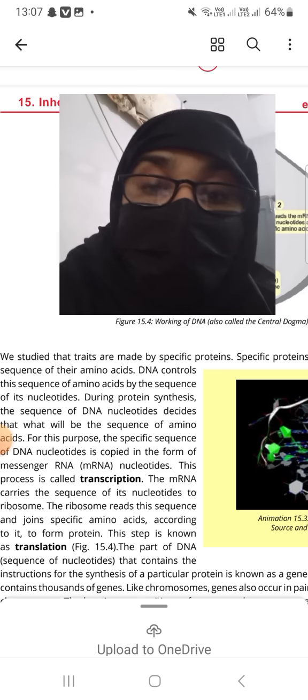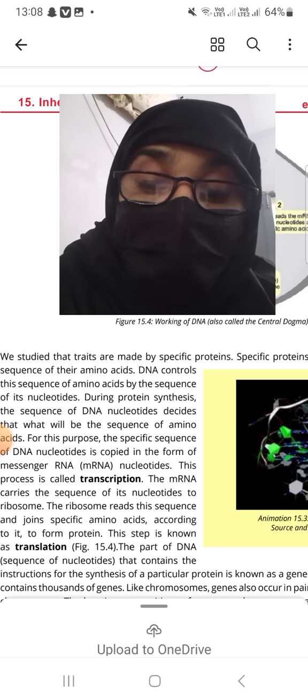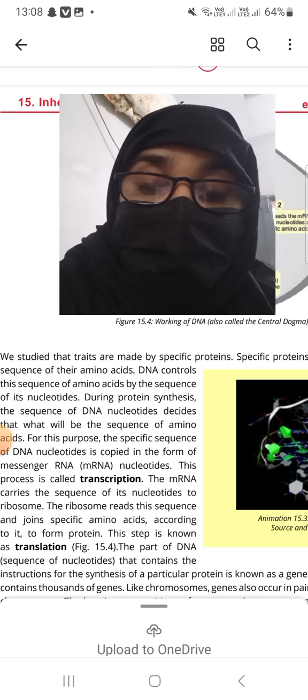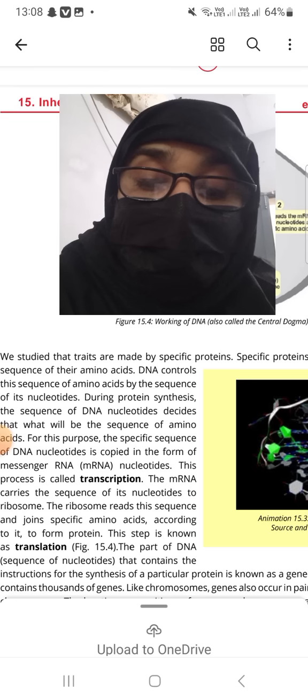Then the ribosomes read the sequence, and amino acids are joined to specific amino acids according to each portion.